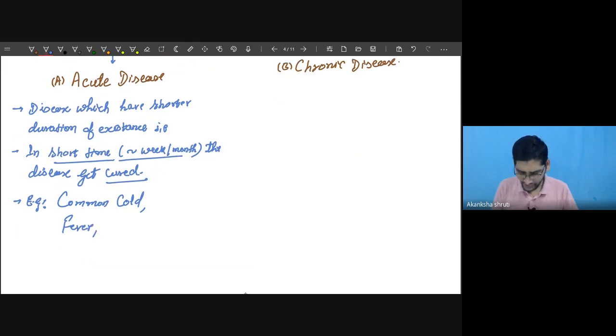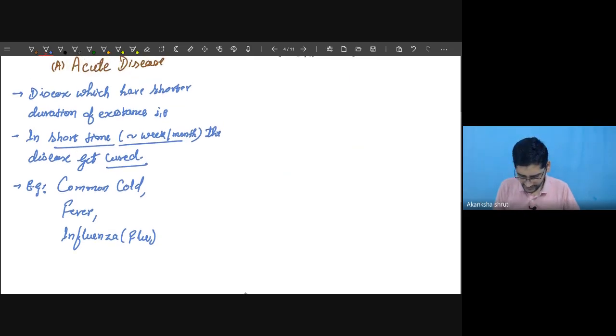The common flu or influenza, flu is also in this category. Here we are observing that in a short time, these diseases are not affecting our body too much. We are not getting very lean and thin.